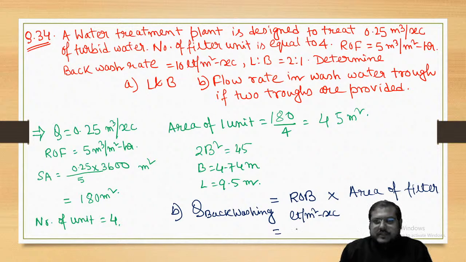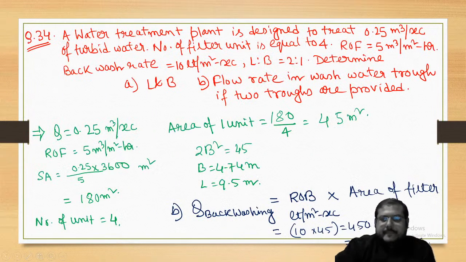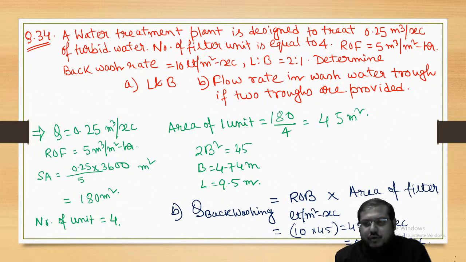So rate of backwashing is given as 10 liter per meter square second into area is 45. So eventually it is 450 liter per second. That is 0.45 meter cube per second. And that is the whole flow rate, and it will be divided into two troughs.